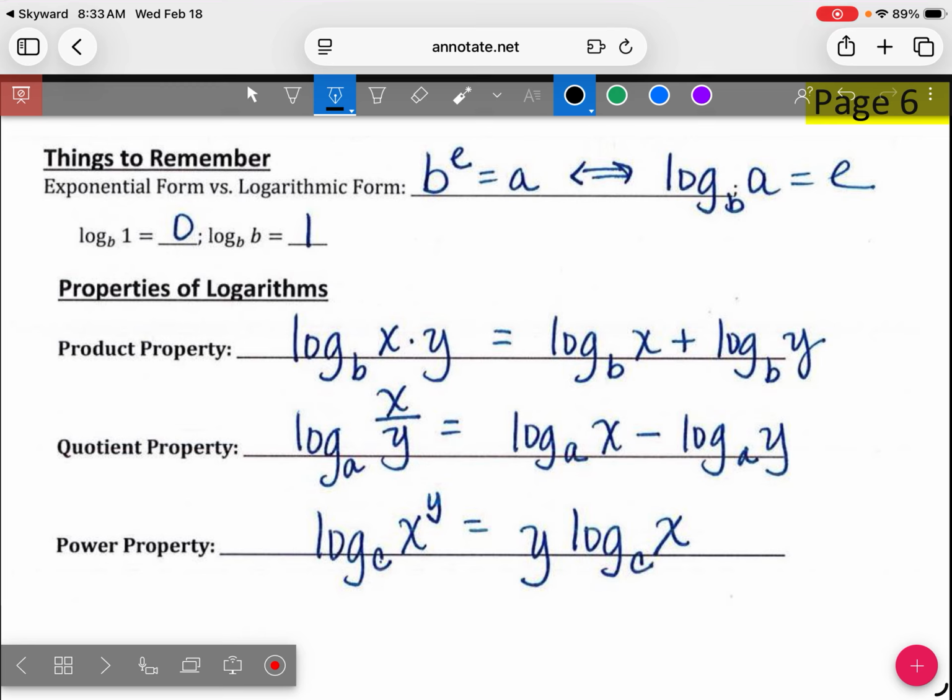So these are the rules that we're using now for 6.2. Put your pencils down when you're done writing so I'll know when you're finished.